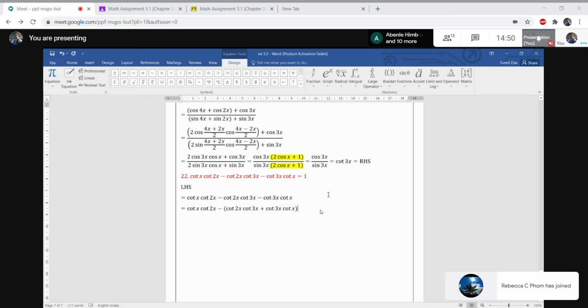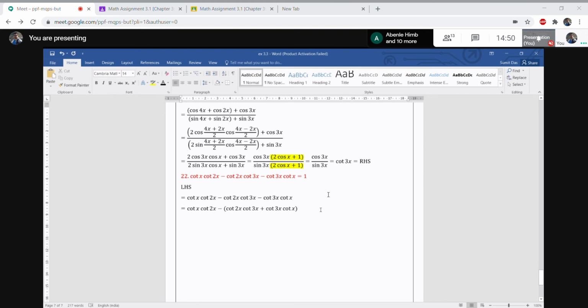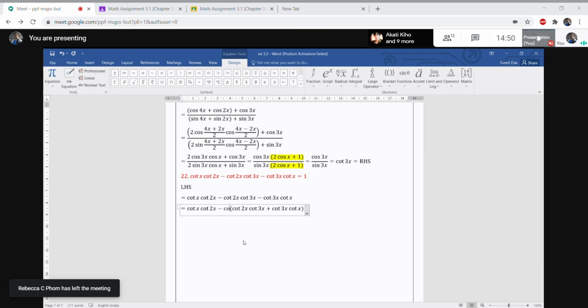Now, not minus, sorry, I'll take cot 3x common from this. Cot 3x. So what will remain? I'm taking minus cot 3x from these last two parts, so cot 2x plus cot x will remain.